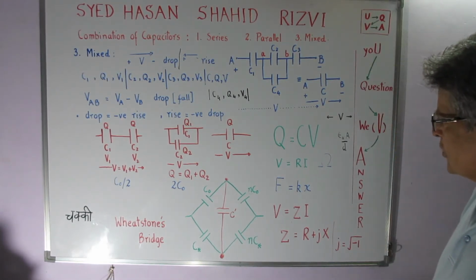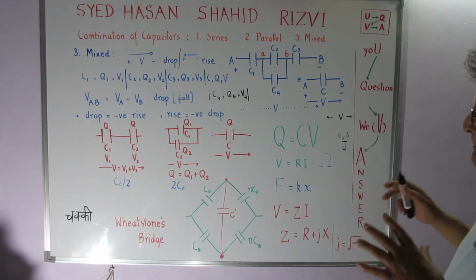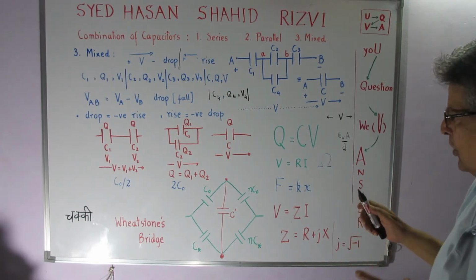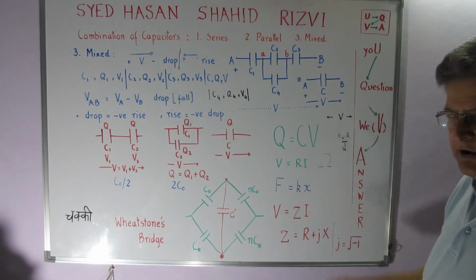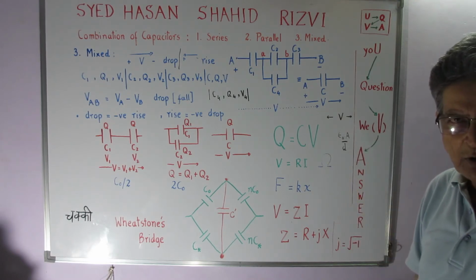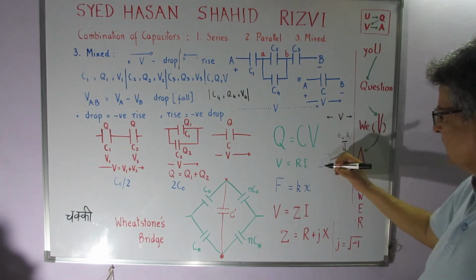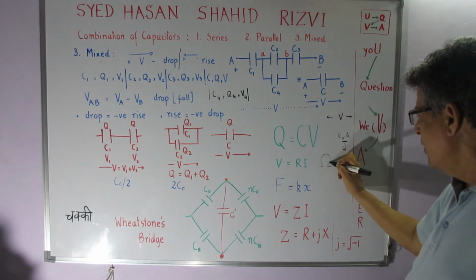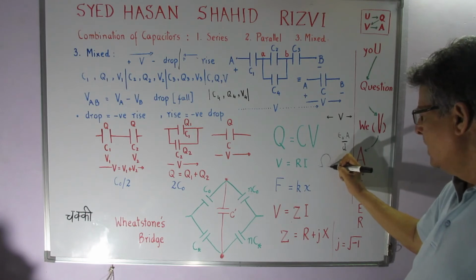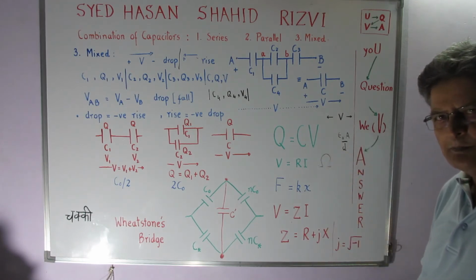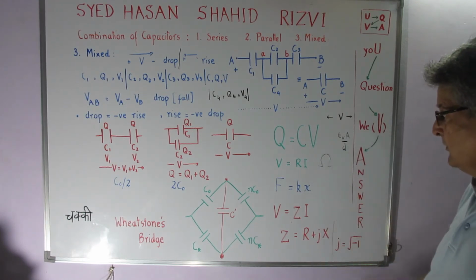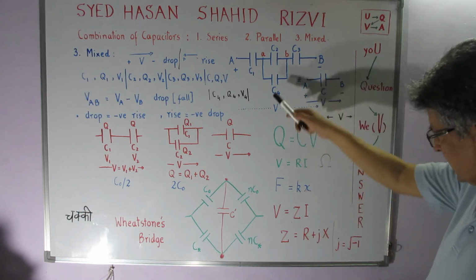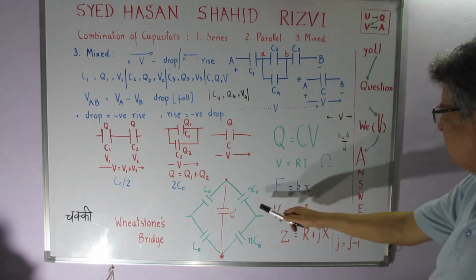I am going to compare the things. You know that V is equal to Ri from class 9th, or you may have been told in your classes, and this is basically our friend Ohm's law. Ohm's law. Okay, V is equal to Ri. And this Q is like this.